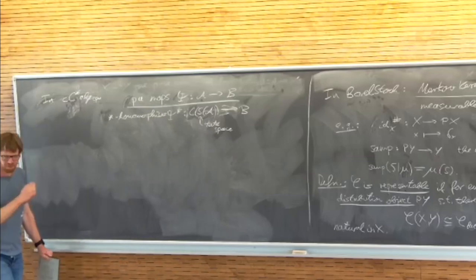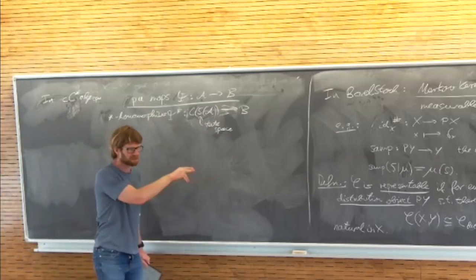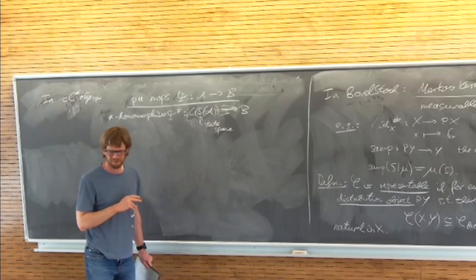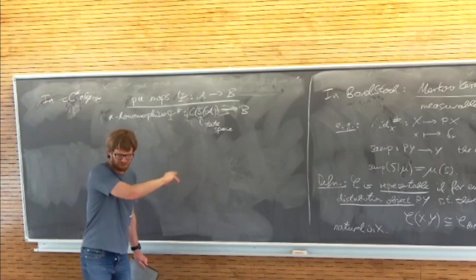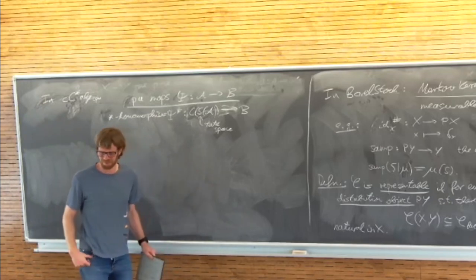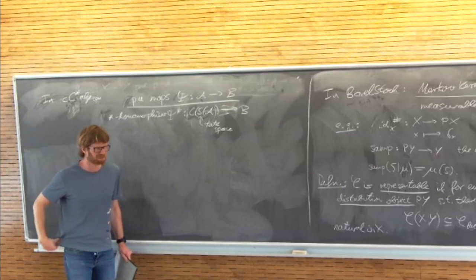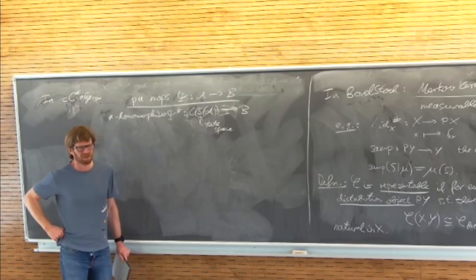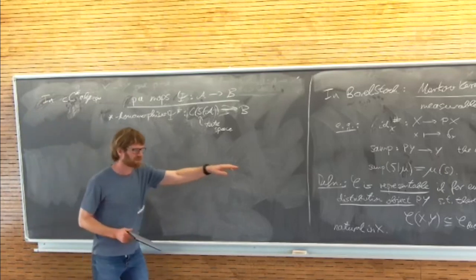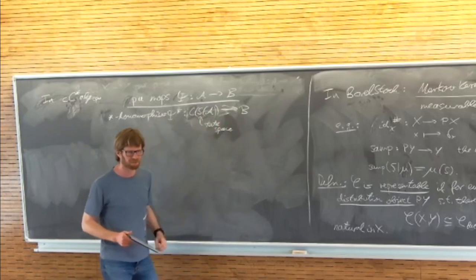And this is a universal property of the state space, which, as far as I know, has not been known or formulated before. And we also have a non-commutative version like this that I can talk about on Thursday.